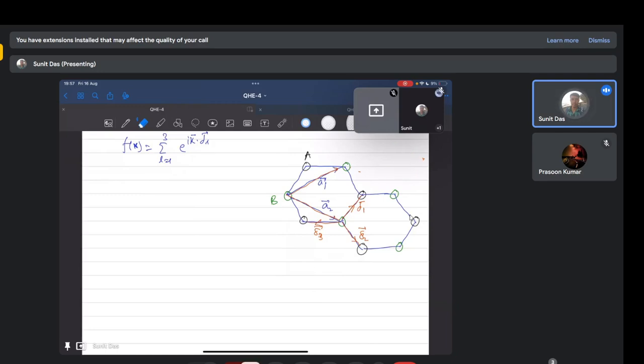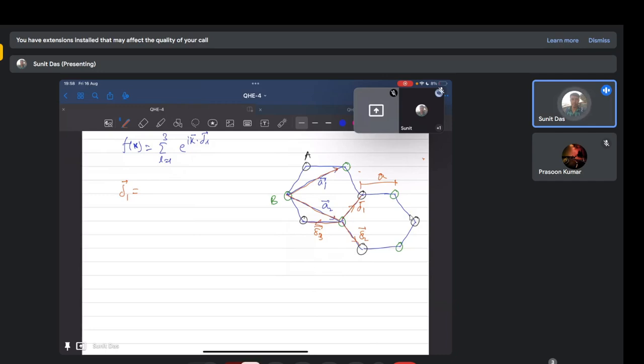We are interested in finding this form of f of k, and the deltas for this picture are as follows. By the way, the carbon-carbon distance is a.